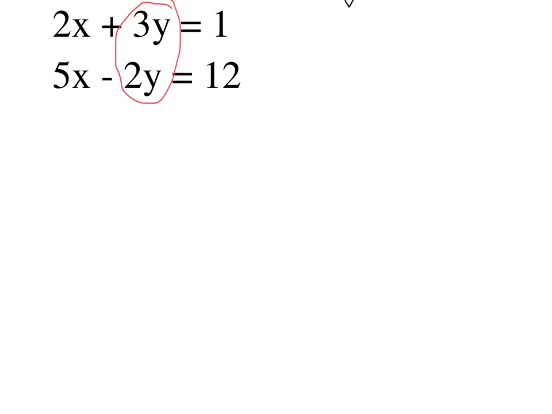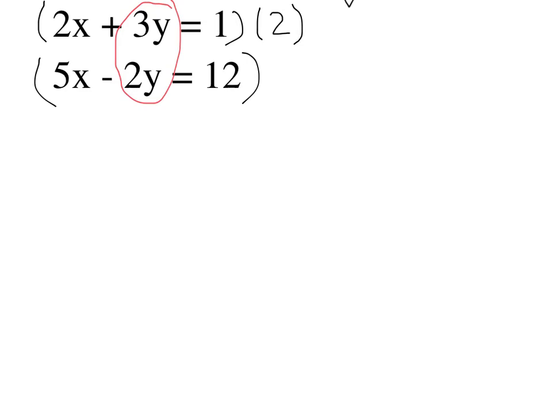So we are going to have to fix both equations so that one has a positive 6y and the other has a negative 6y. That means that we need to multiply the first equation by what? What will give us a positive 6y if we multiply by 2?